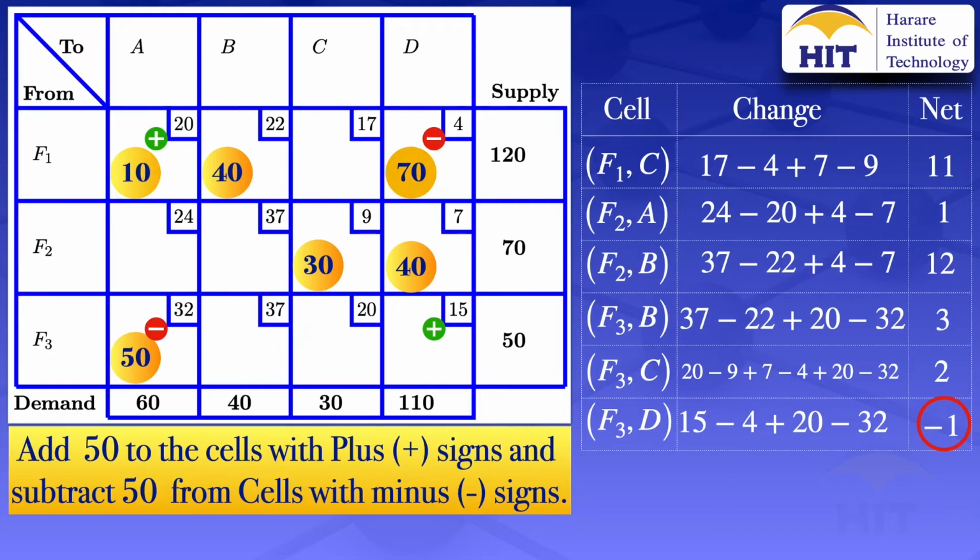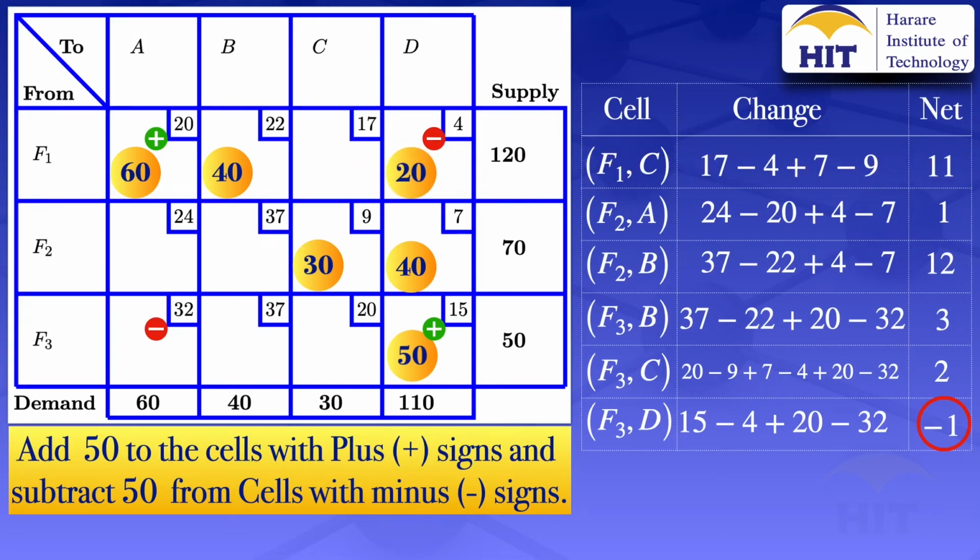Where we have the 50, we are subtracting, so this 50 goes. And where we had the 10, we are adding 50, so it will become 60. Then where we had the 70, we are subtracting the 50 because it had a negative there. 70 minus 50 gives us 20.